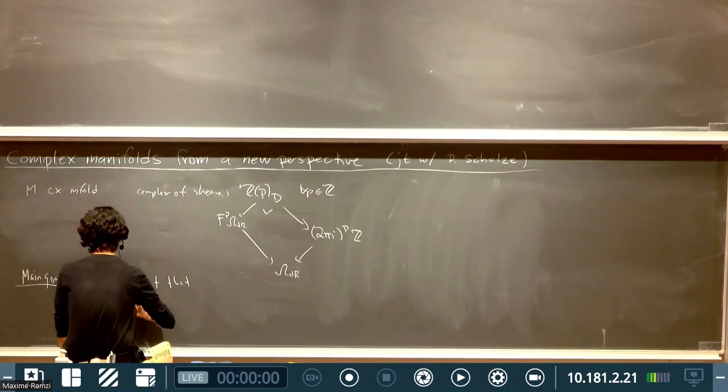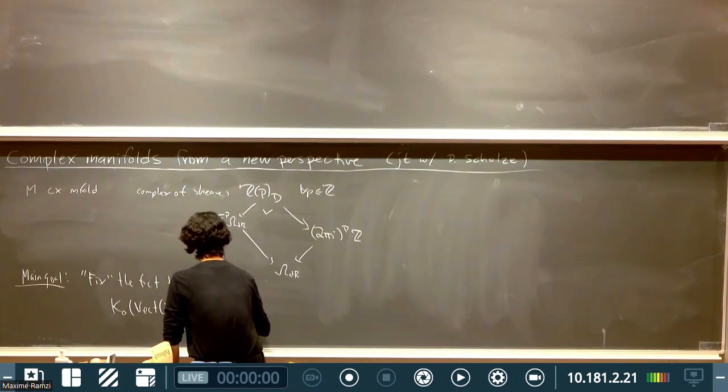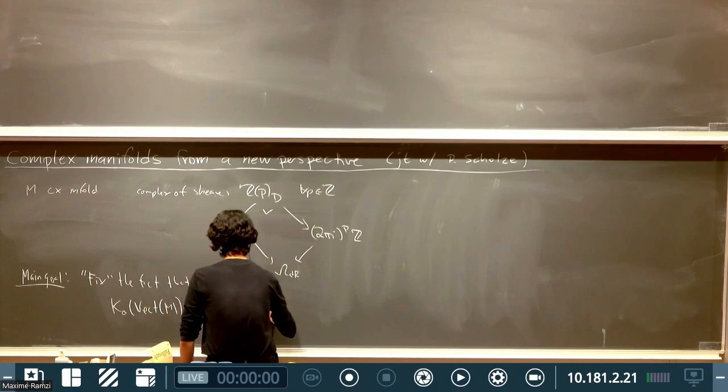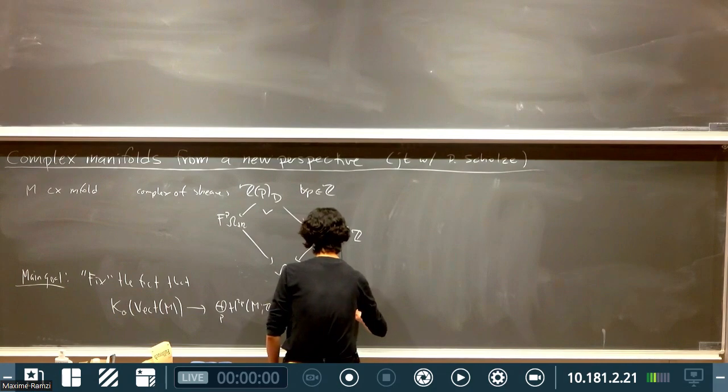So if you take K0 of vector bundles on the manifold and you map this to the sum of all the Deligne cohomology groups in the appropriate degree, this is very far from an isomorphism.